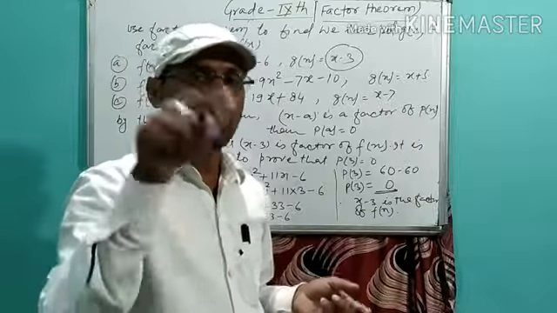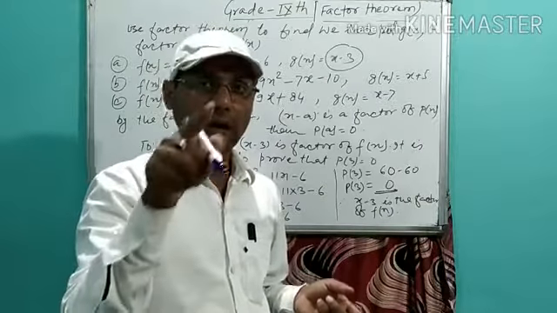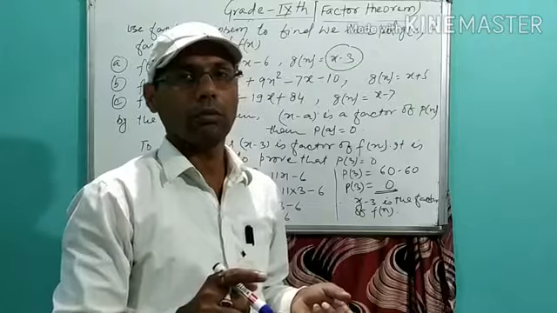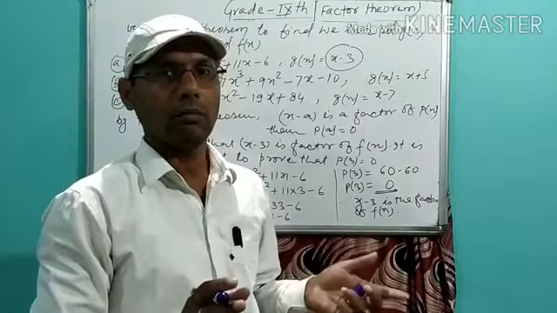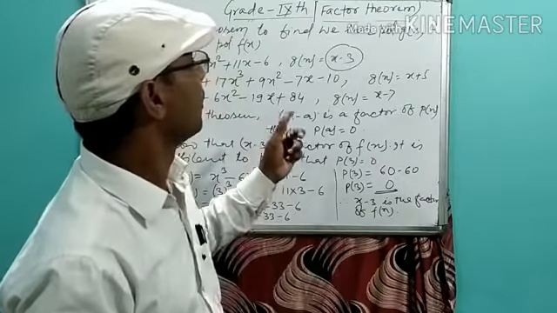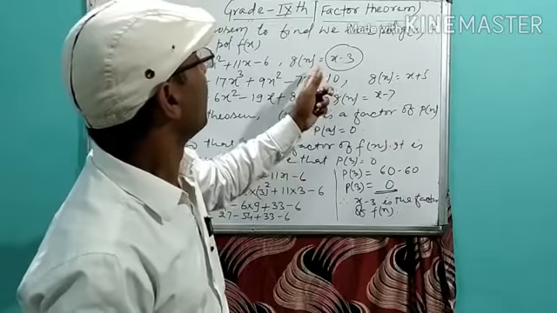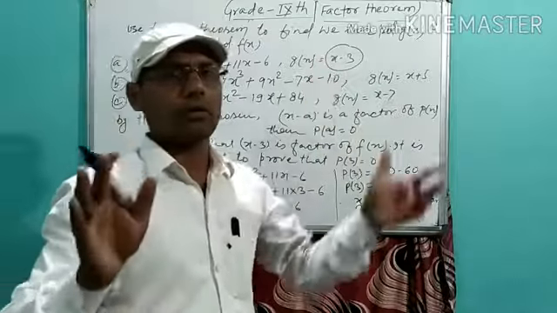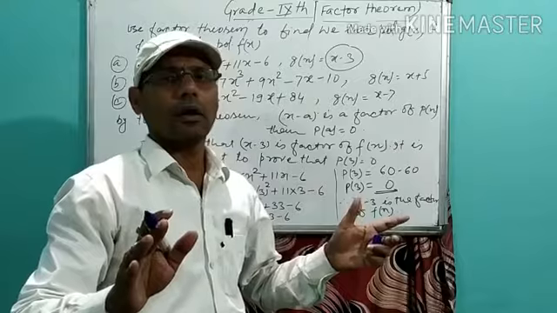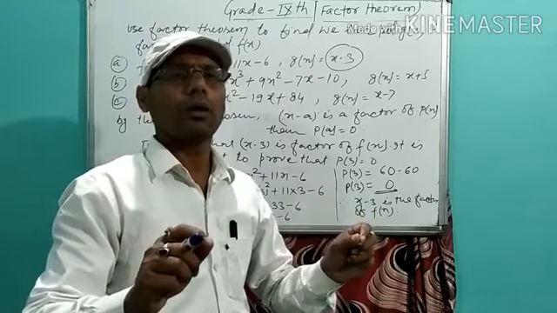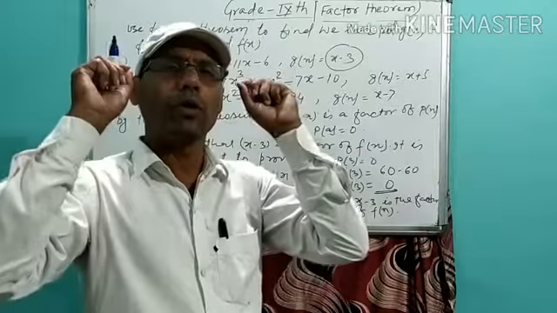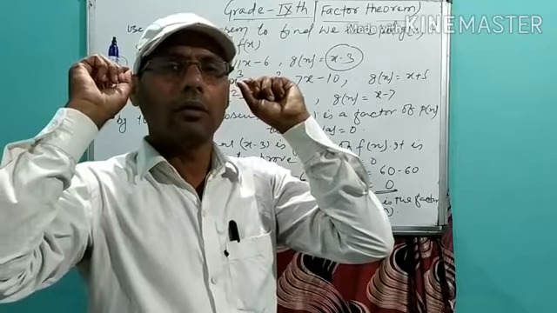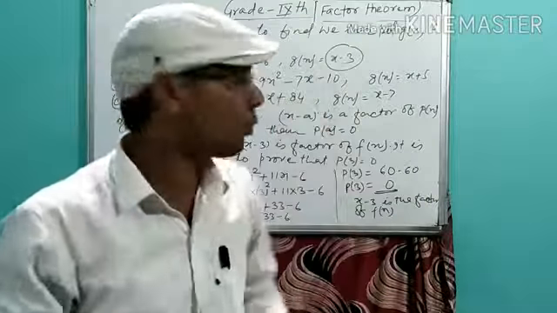You have to recall the remainder theorem also. Both are the same. But in the factor theorem, a polynomial divides another polynomial completely, leaving remainder 0.